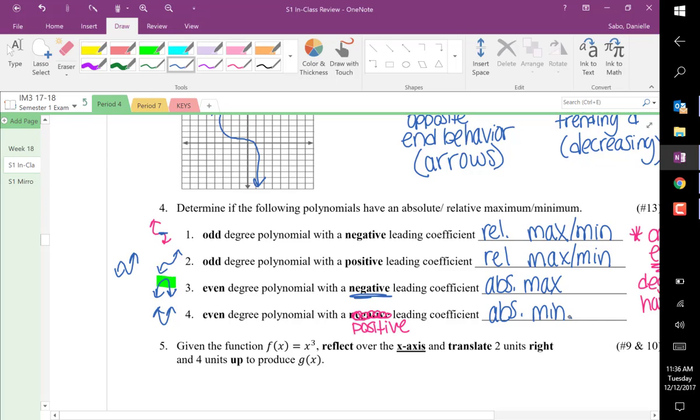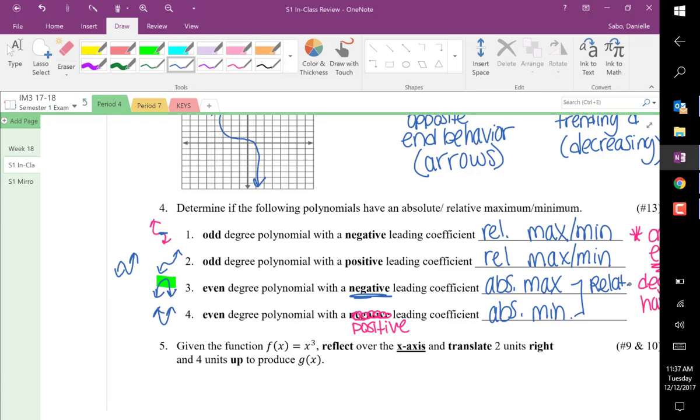The biggest thing that you need to walk away with is even degrees are the same direction. So that means that there will be an absolute max or min. Yep. Both of these can have relatives. It really doesn't matter. You don't really need to know that information, but both of them could have relative maximum.